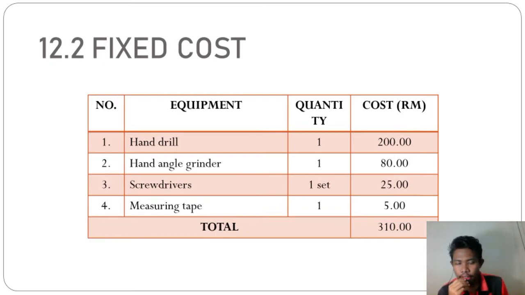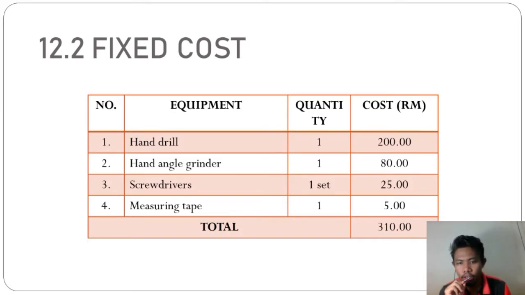Okay, next is 12.2 fixed cost. We have 4 equipment that has fixed cost. First is hand drill. The cost of the hand drill is about 200 ringgit. Second is hand angle grinder. The cost is about 80 ringgit. Third is a screwdriver.